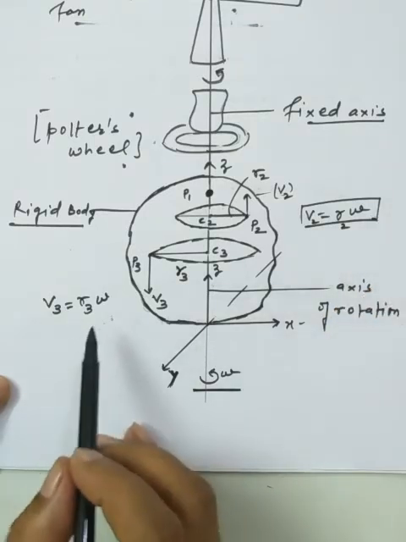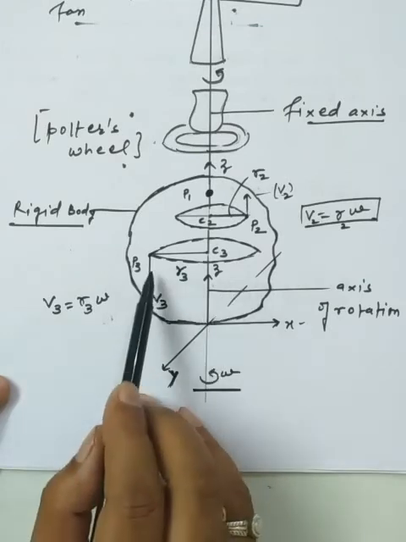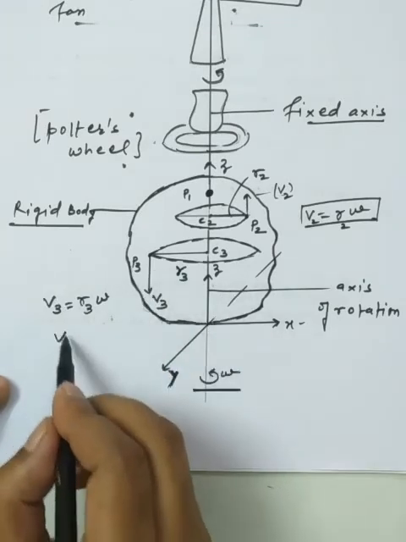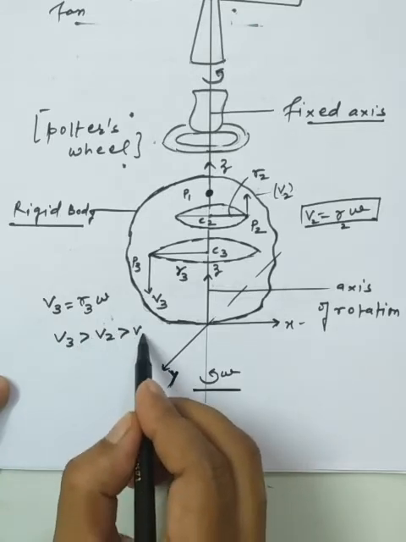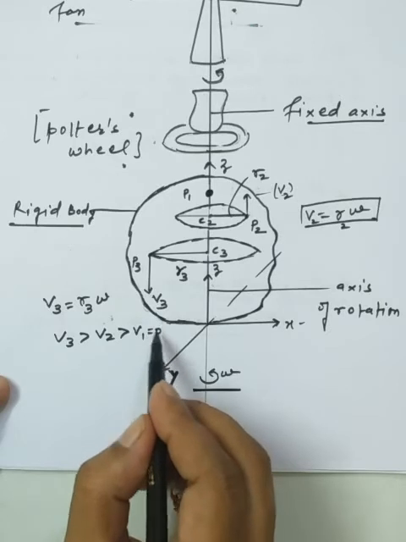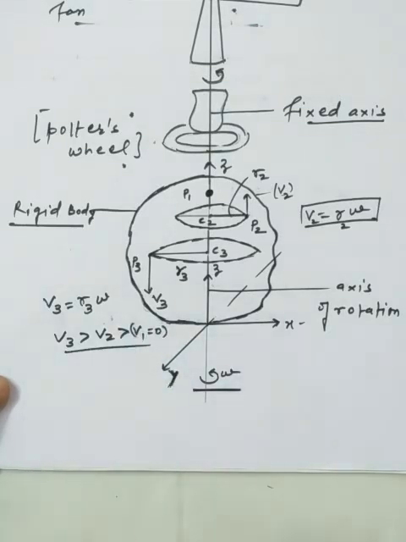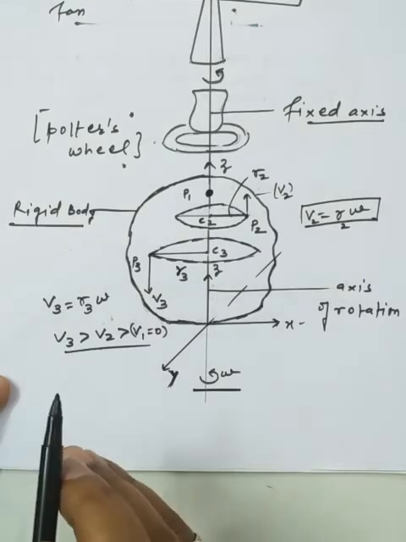So a particle farther from the axis of rotation has a different velocity. Here we can assume that v3 is greater than v2, which is greater than v1, and v1 is simply zero, because that particle is not moving in any horizontal circle, it is static.